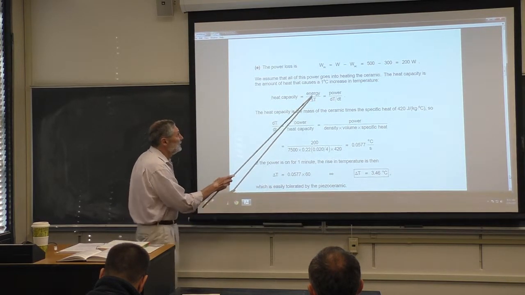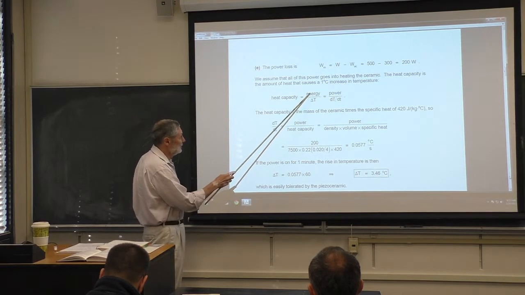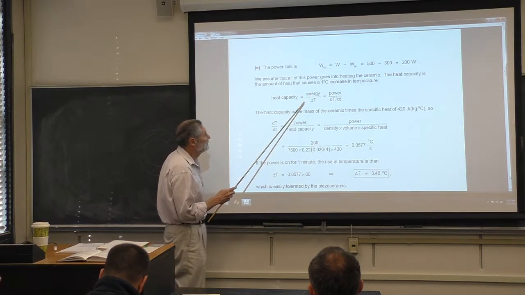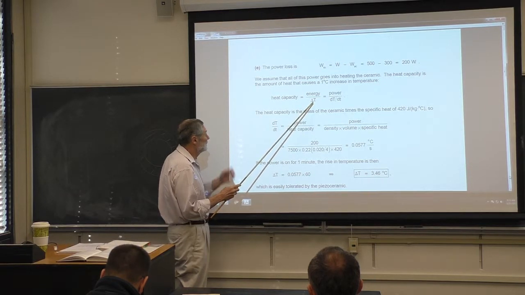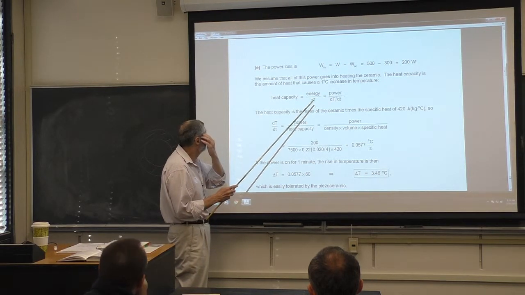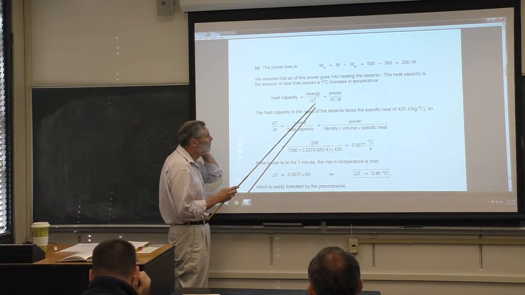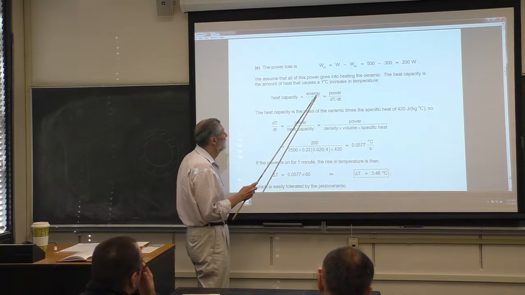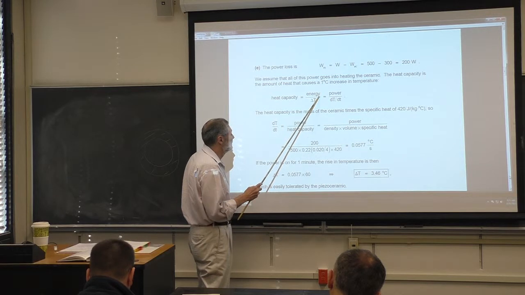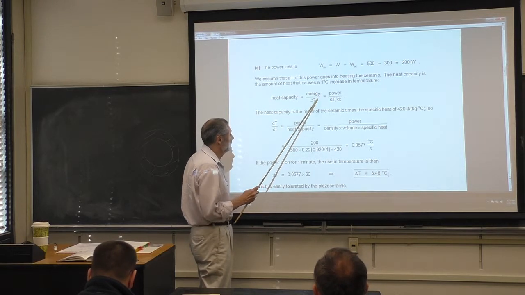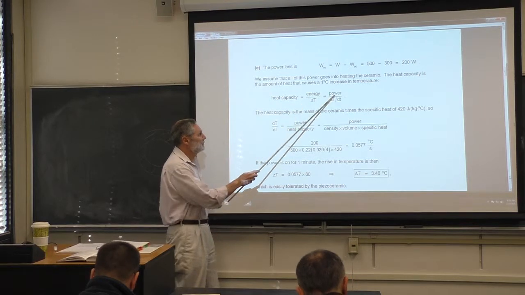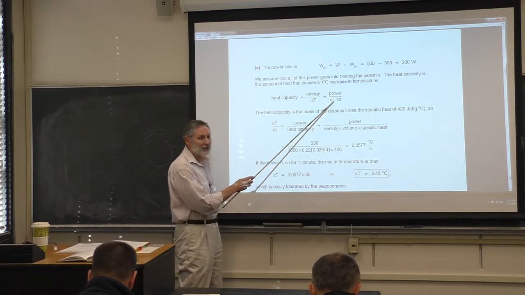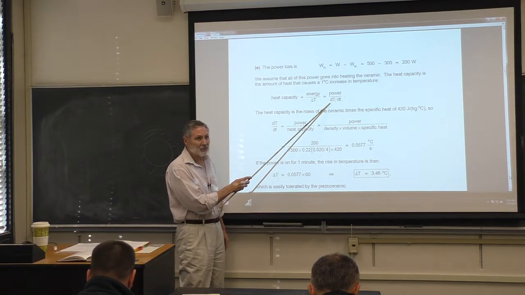The heat or energy here is just the power times the time. Actually, the best way to look at this is to divide numerator and denominator by a time interval. That'll give us the power, and that'll give us the rate of change of temperature, which is what we're after.